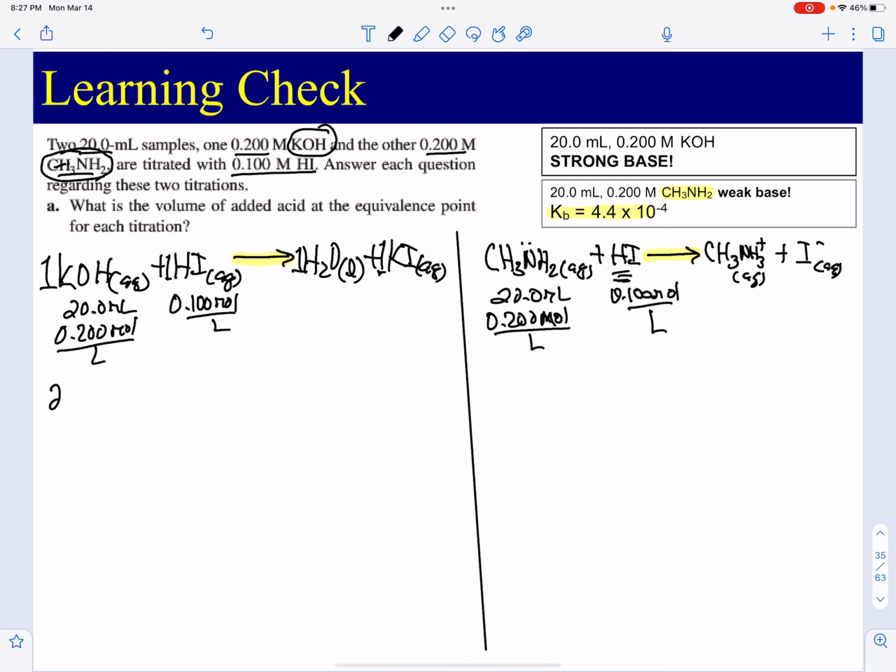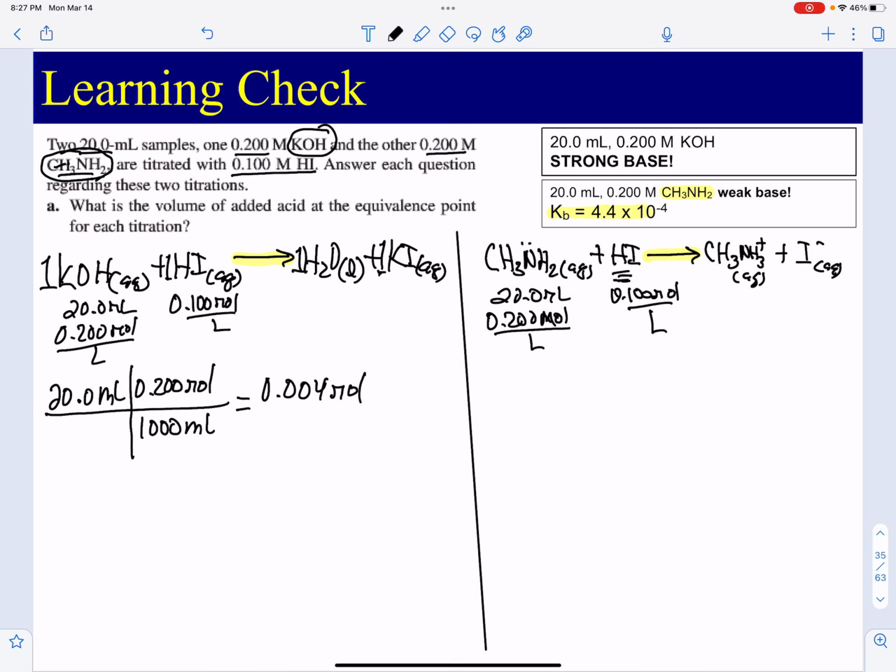We know that we have 20.0 milliliters. We know that the concentration is 0.200 moles for every 1 liter, which is the same as 1,000 milliliters, right? And that's going to give us 0.004 moles of the hydroxide.